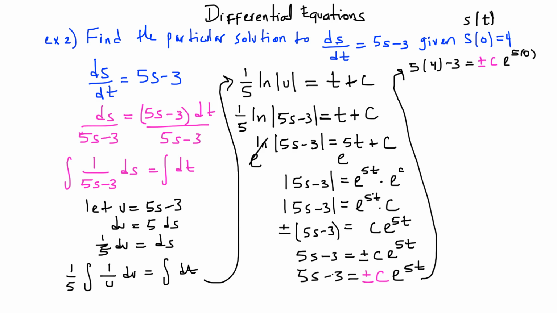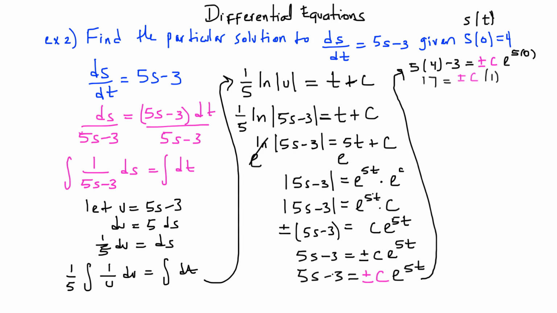And so we have 20 minus 3, 17 equals plus or minus c. Notice how the plus or minus c, I'm treating it as its own little thing. And be careful, 5 times 0 is 0, but e to the 0 is not 0, e to the 0 is 1.